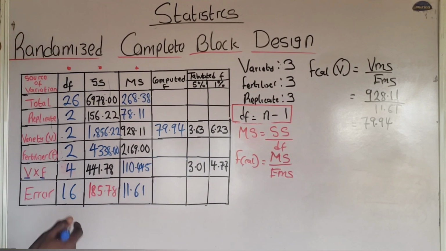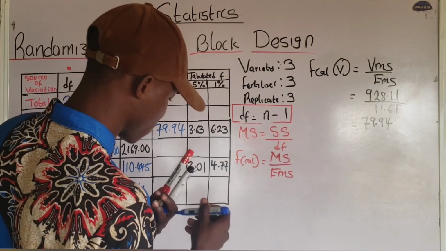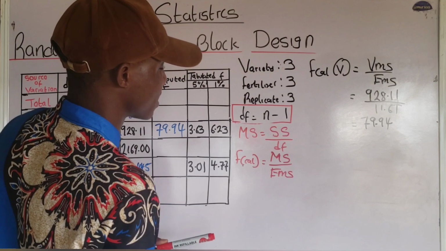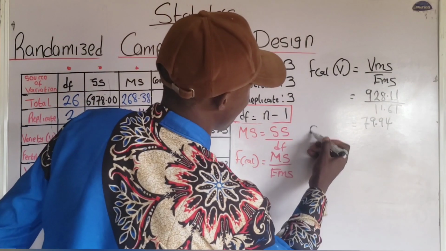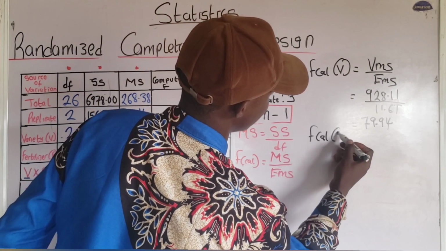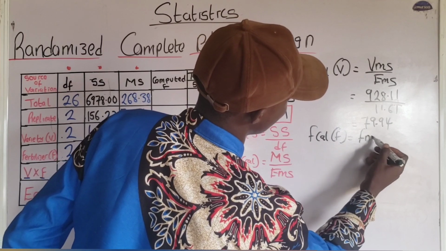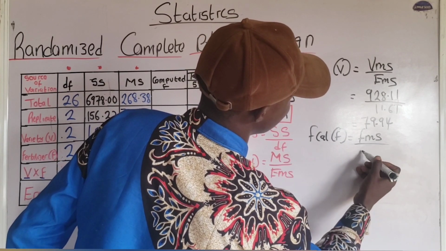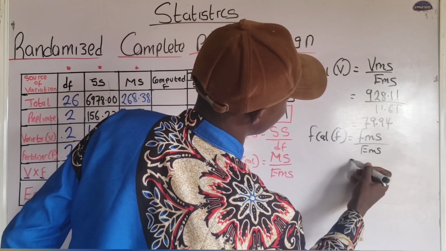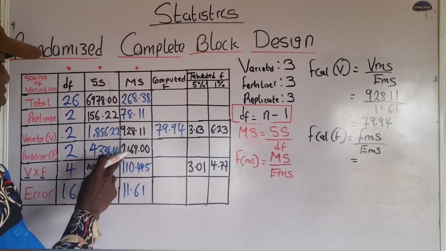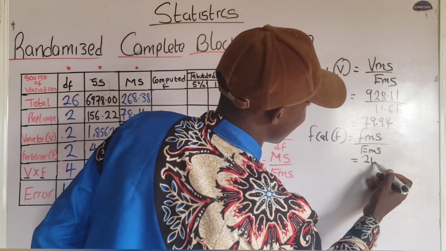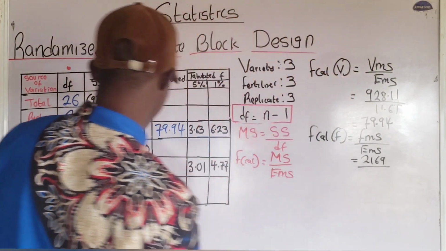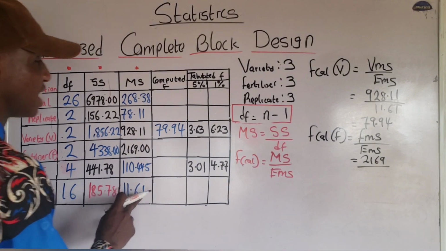But you can still determine it. You just have to make use of the fertilizer mean squared. FK for fertilizer is equal to fertilizer mean squared all over error mean squared. Fertilizer mean squared is 2169, all over error mean squared, which is 11.61.